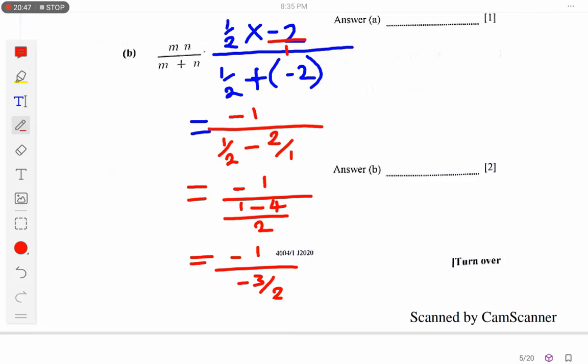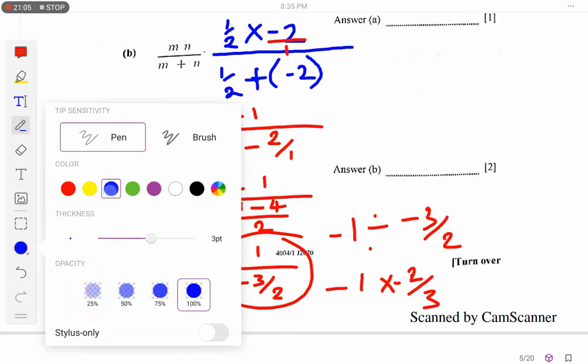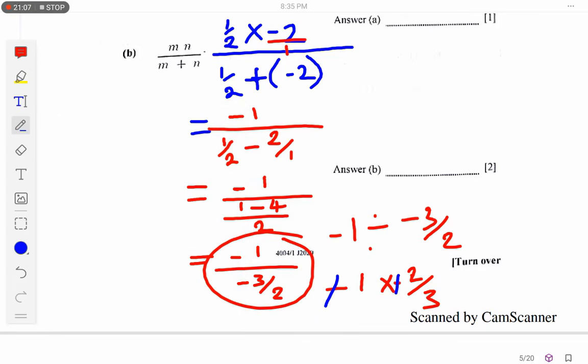Basically, when we are dividing like this, this whole thing is the same as minus 1 divided by minus 3 over 2. And we can invert and say minus 1 times minus 2 over 3. The minuses are going to cancel off each other, and we get our answer, 2 over 3.